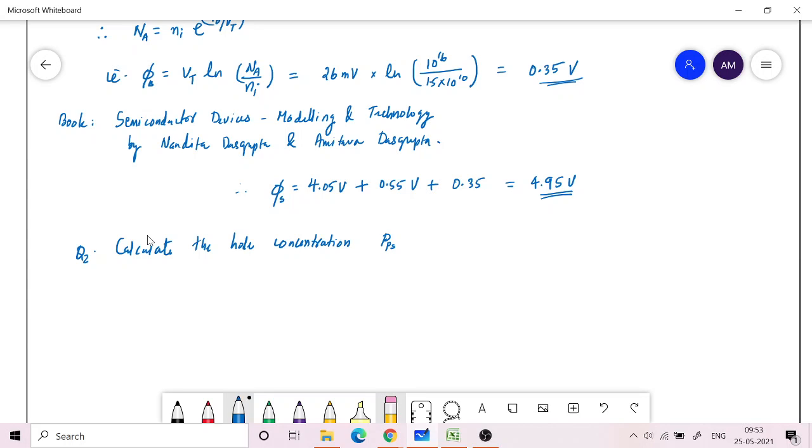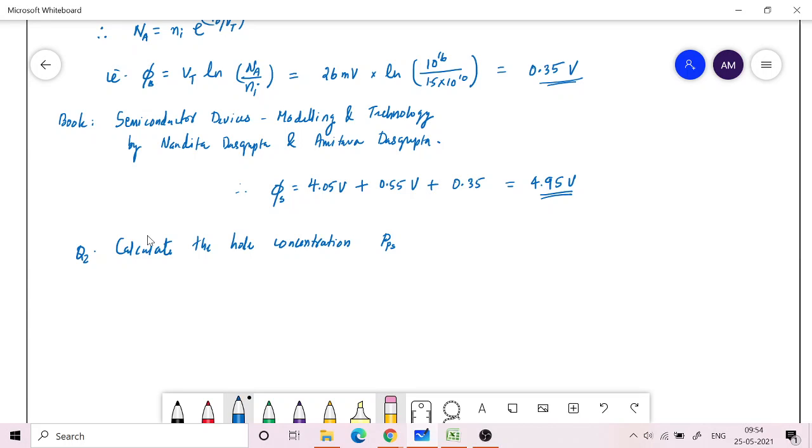Usually I use PP as the concentration of holes in a p-type semiconductor, but here S stands for the surface, the interface between oxide and semiconductor, that point inside the semiconductor surface.